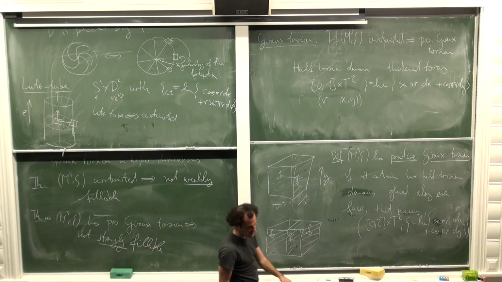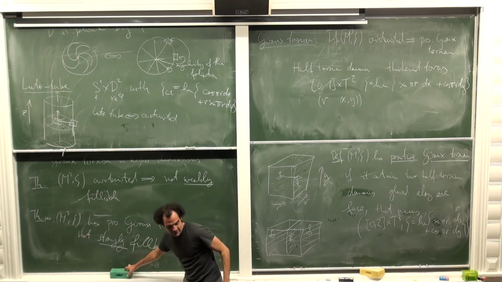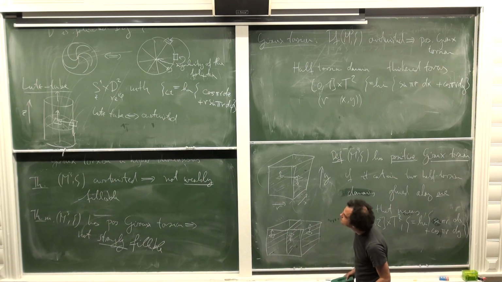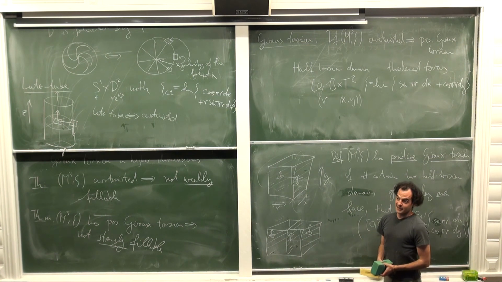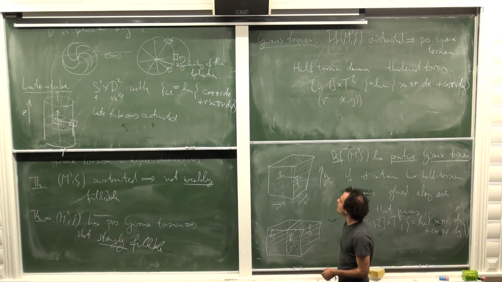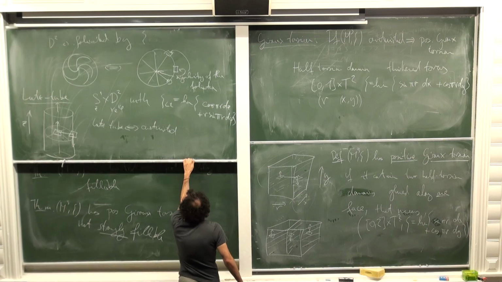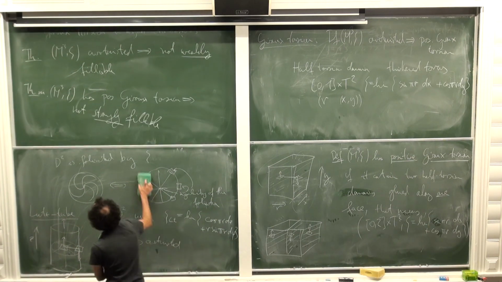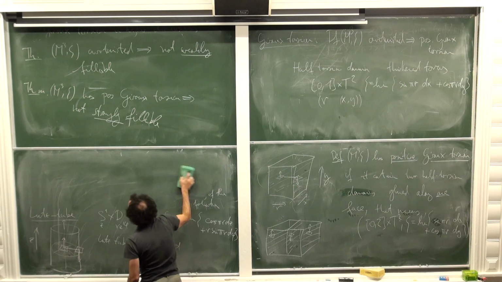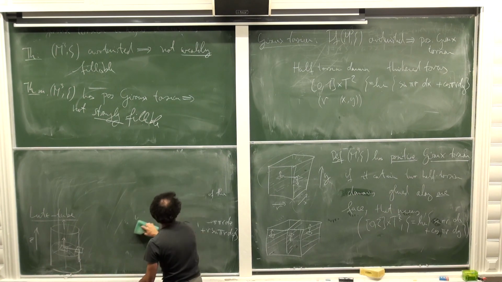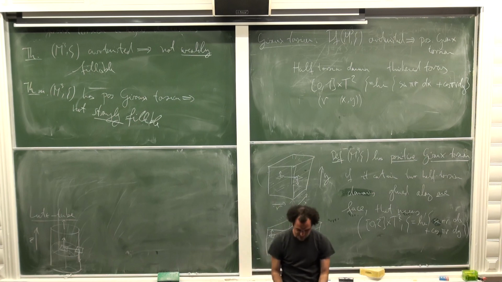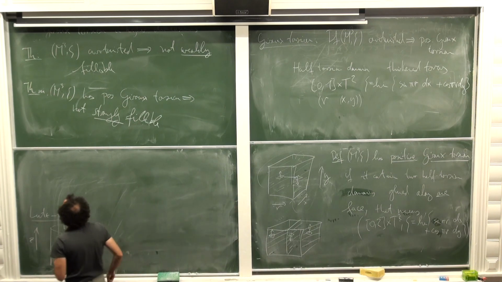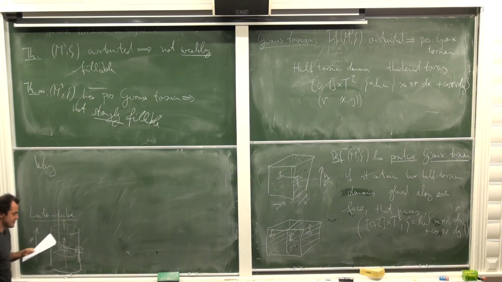And before trying to describe what the generalization is, I will still look again at how to describe this in a more symmetric way. So both of these structures, both the Lutz tube and the Giroux torsion, have a lot of S1 symmetry, and we would use this S1 symmetry to try to generalize.